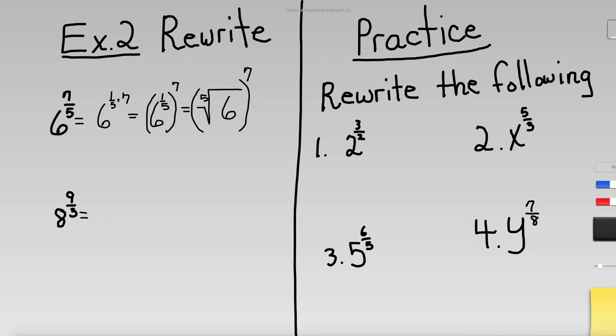And doing the same thing, this will be 8 to the 1/3 times 9 equals 8 to the 1/3 to the 9th power, which is going to be the cube root of 8 raised to the 9th power.